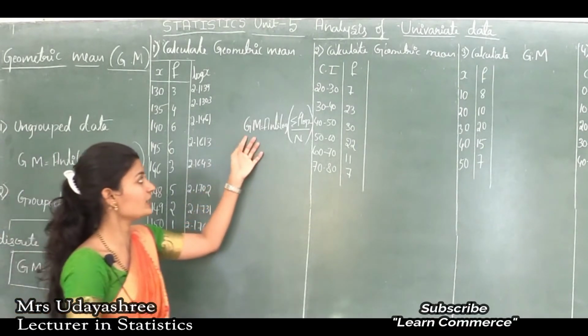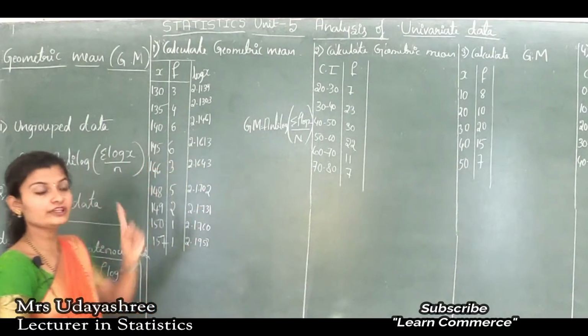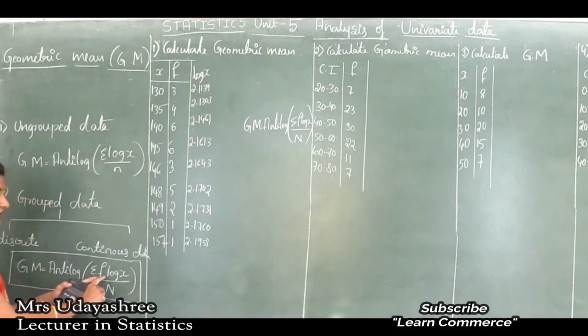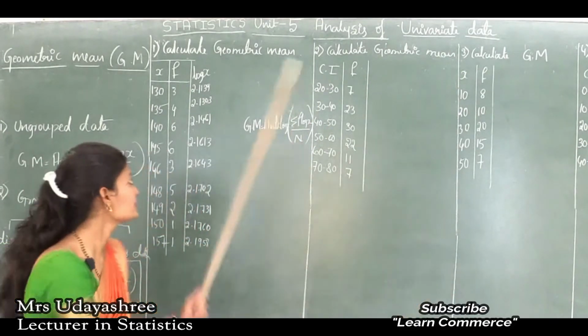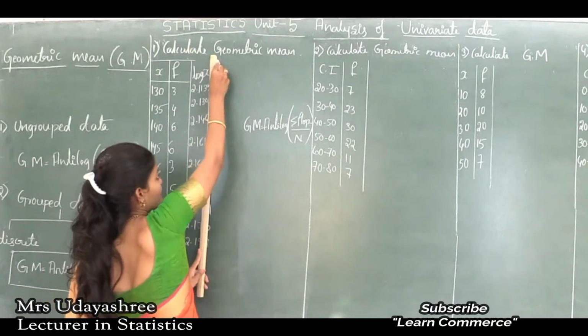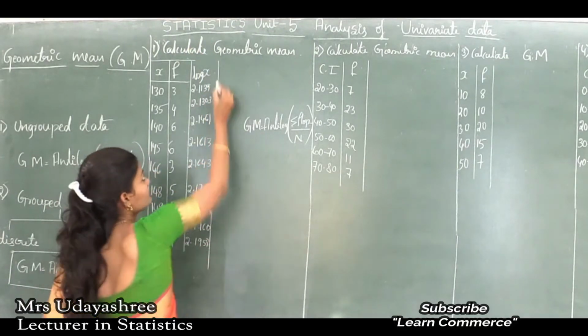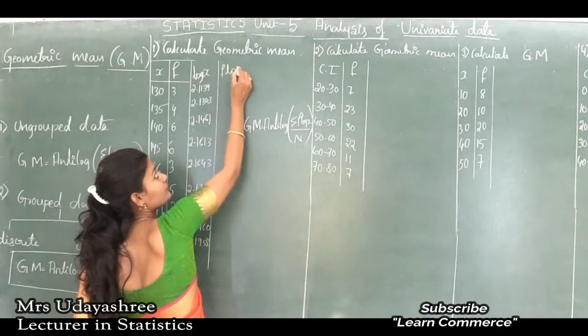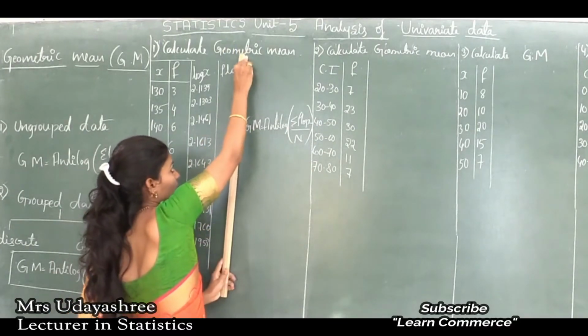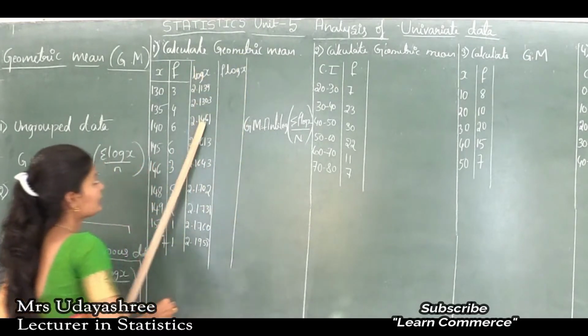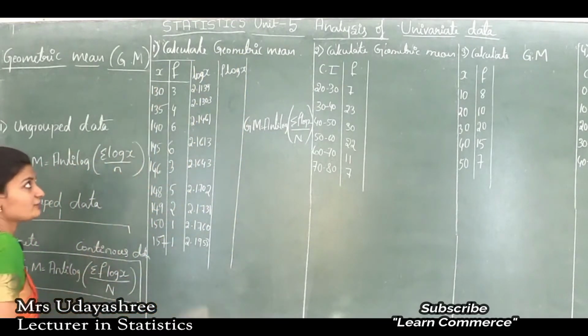Now based on the formula we need f into log x. Here log x is multiplied by f, so we need one more column, that is f into log x. These are the log x observations and these are the f observations.